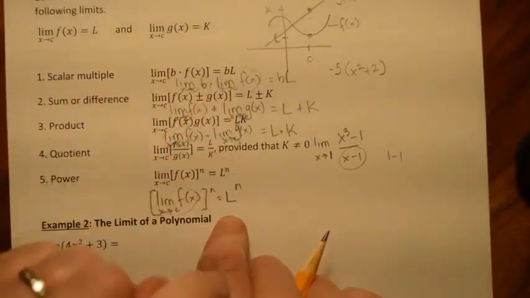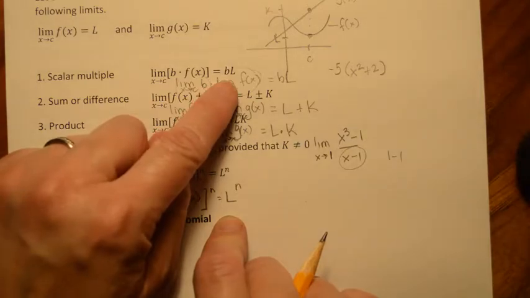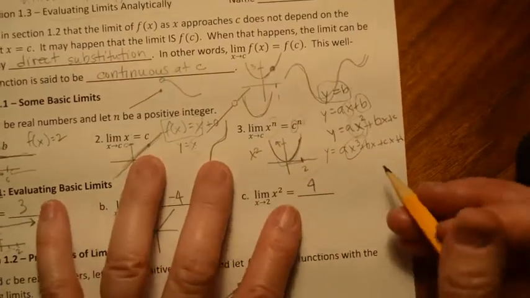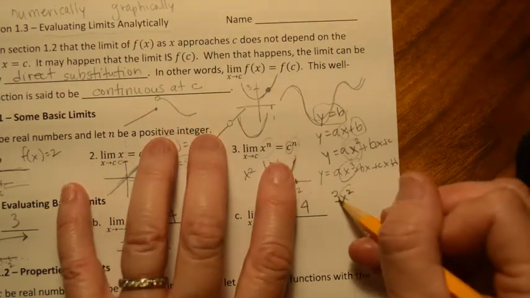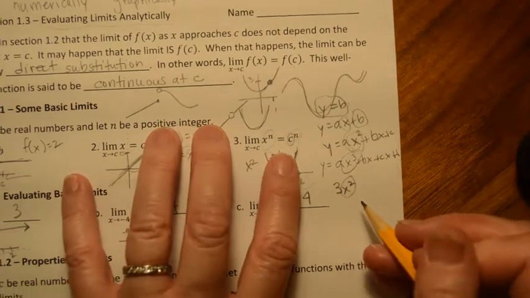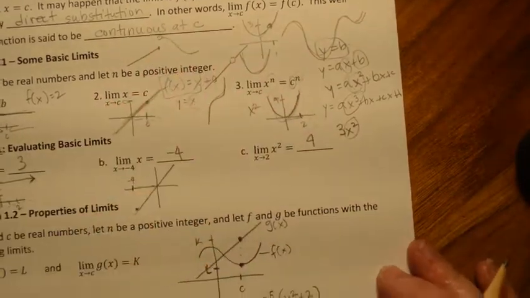We would hope that we could multiply a function by something and just get that same multiple of a limit. Just like here, if I had 3x squared, I would hope that I could just take the limit of x squared and then multiply it by 3, right? And it's saying, yeah, actually that's true.